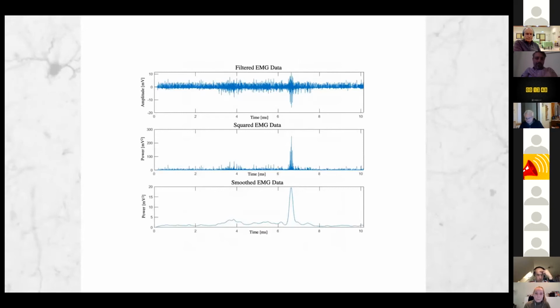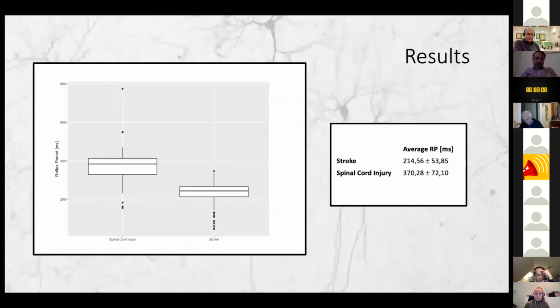Now, on to the results. Here we can see box plots that depict the results. We have the reflex period on the y-axis measured in milliseconds. And then we have the spinal cord injury results and the stroke results.